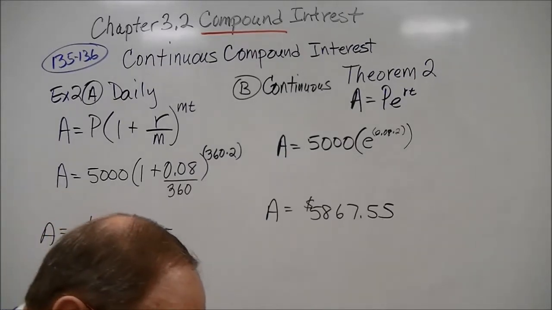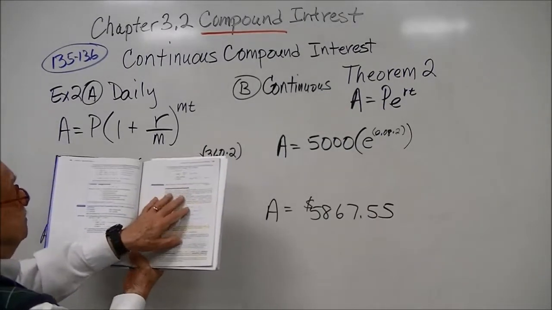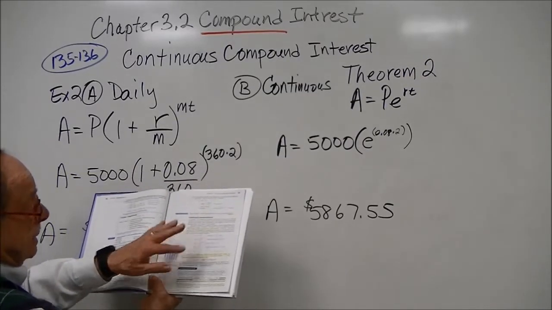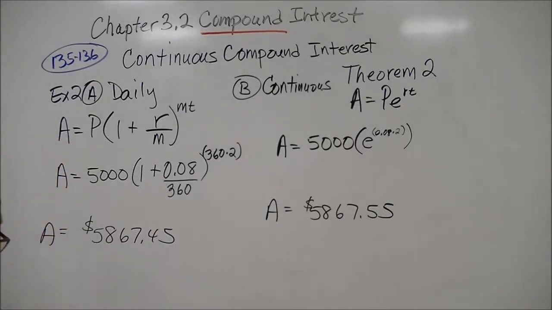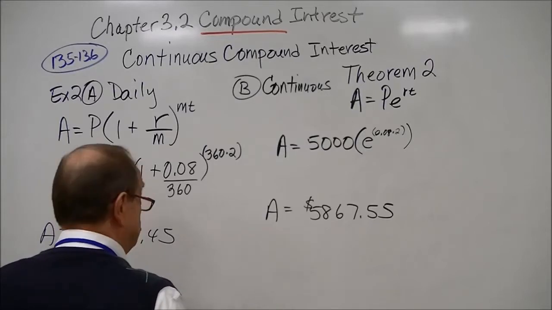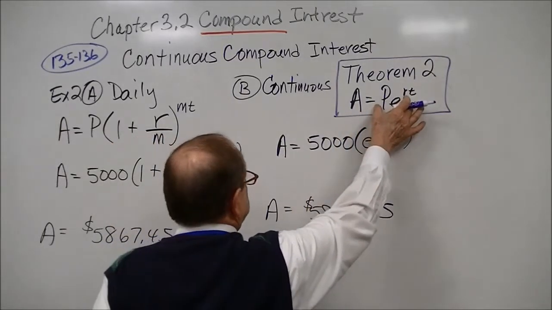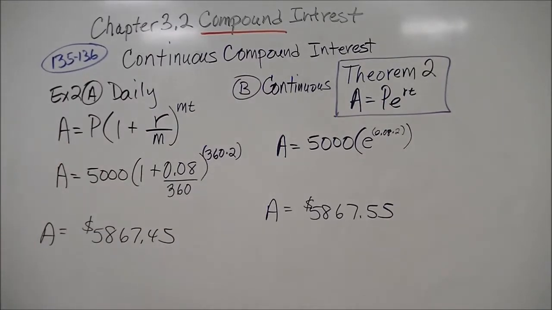Now, what the book shows on this particular topic, they take you through a series of calculations and some fancy algebra stuff, and they come up with the formula that we're calling Theorem 2 over here, which is the continuous interest formula. And what they're asking us to do in example 2 is to compare.